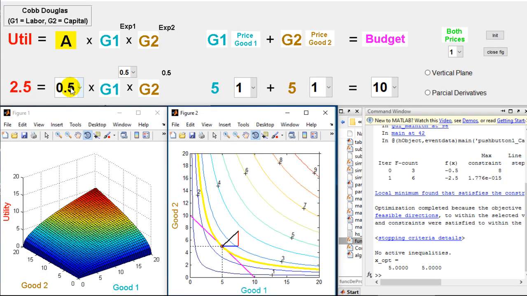First of all, why does this function have this shape?